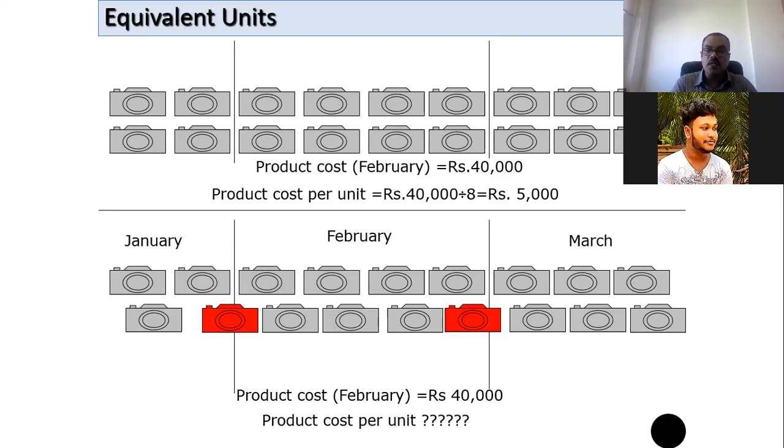One is 25%, the other one is 75%. When you put them together, it is equivalent to 1. So the equivalent unit is a concept. It's not a reality. You don't see equivalent units in an organization. You calculate it mathematically. So 40,000 is divided by 8. In this case also, the cost is still 5,000 rupees.